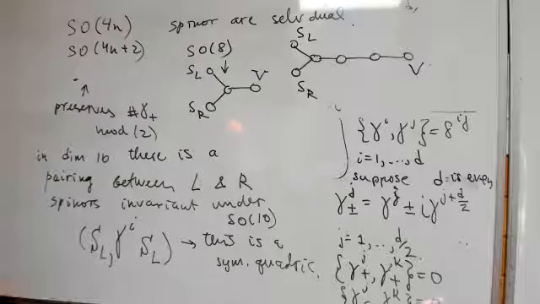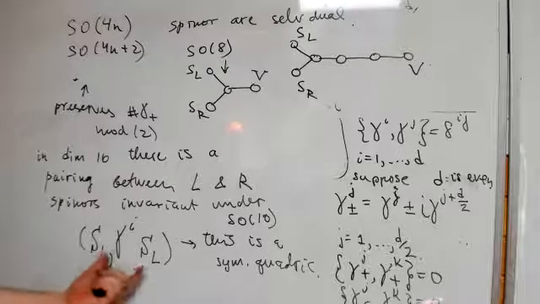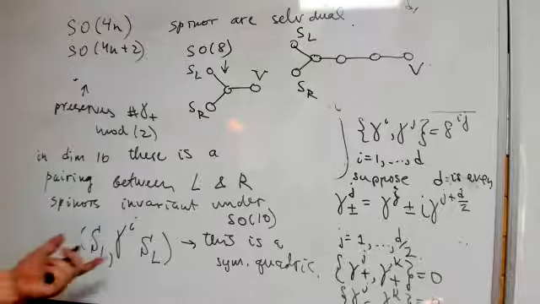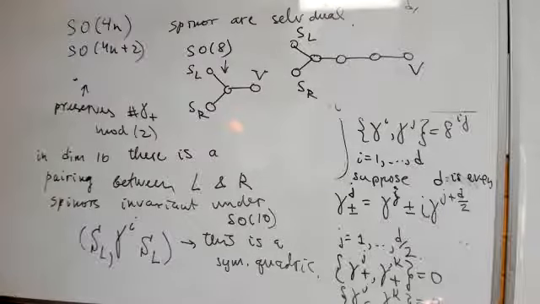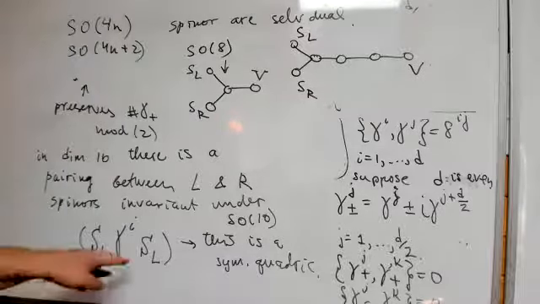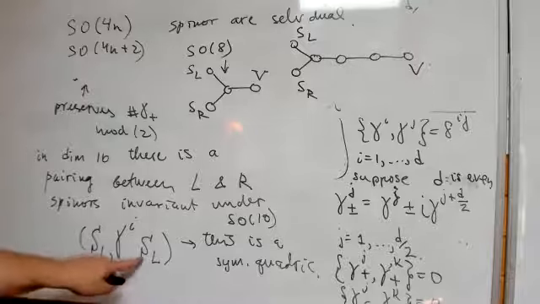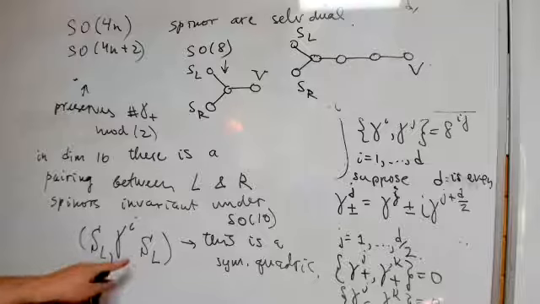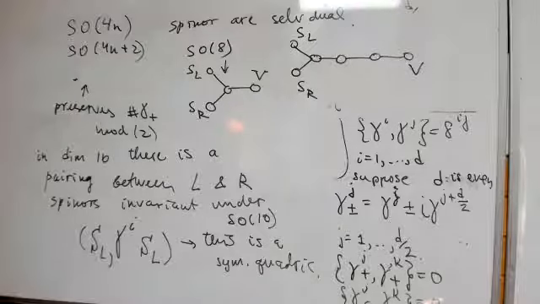So this pairing is actually a pairing between right spinors and left spinors, because they are dual to each other. Therefore there is such a pairing. The interesting thing is that one needs to check, is this quadratic form symmetric or anti-symmetric?